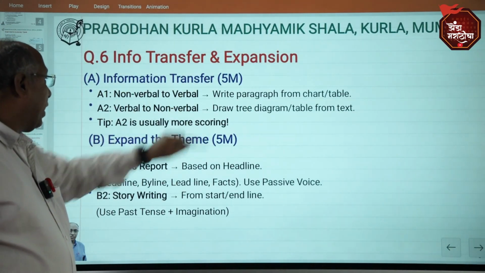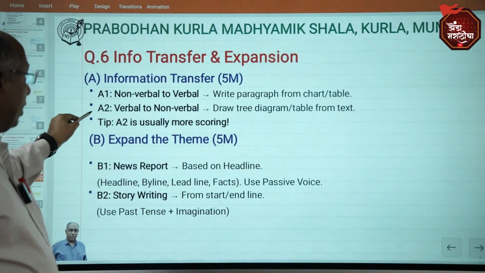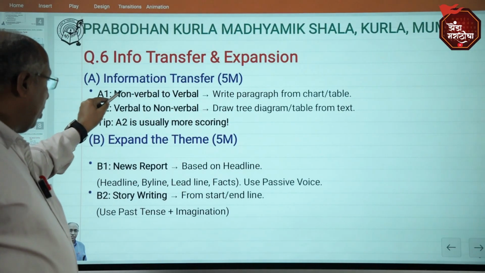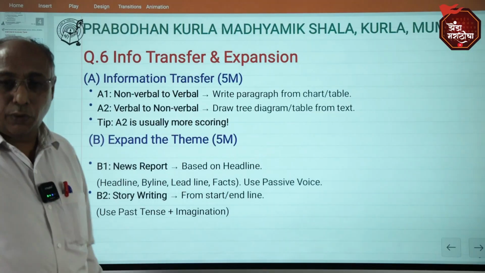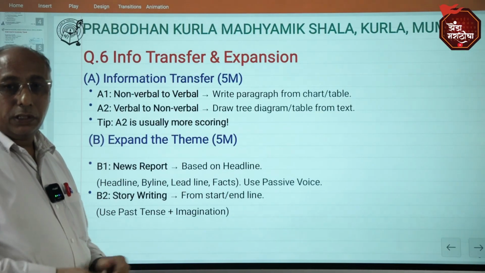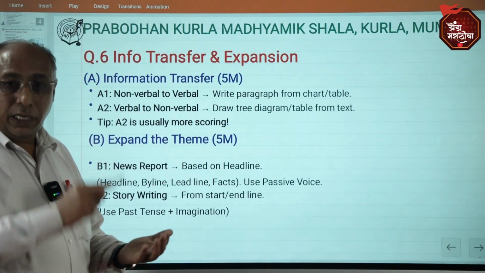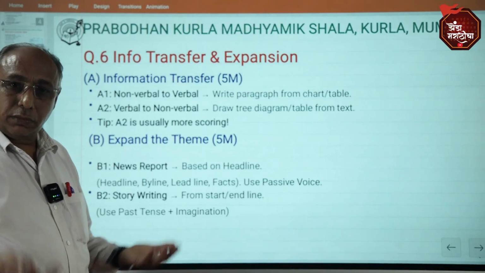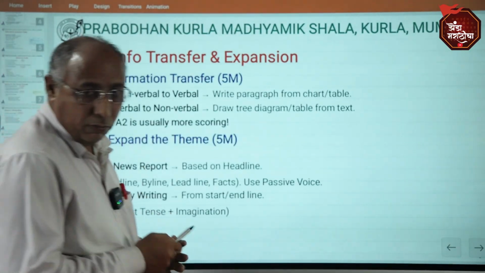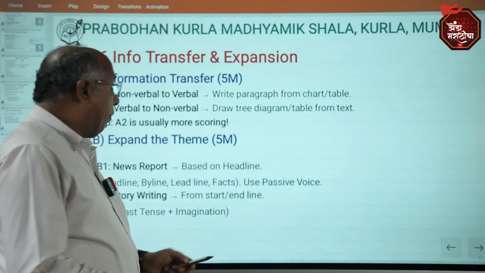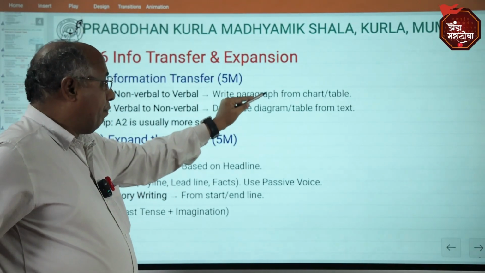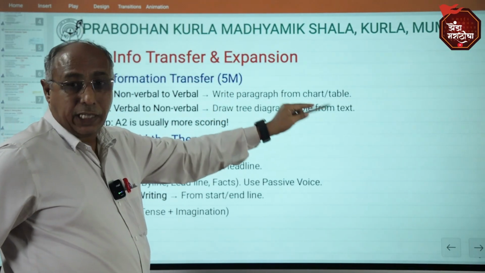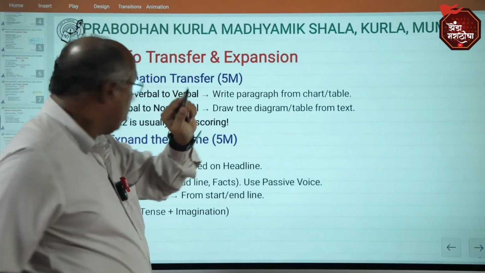Information transfer is that activity 1, non-verbal to verbal, means what? Non-verbal means chart, pie chart, table, diagrams, and so on. And on the basis of them, you will have to write a paragraph from the chart, table, pie chart, and diagram, and so on.